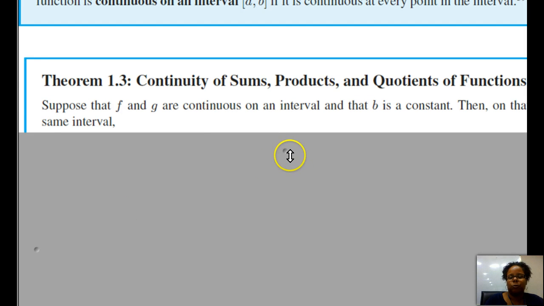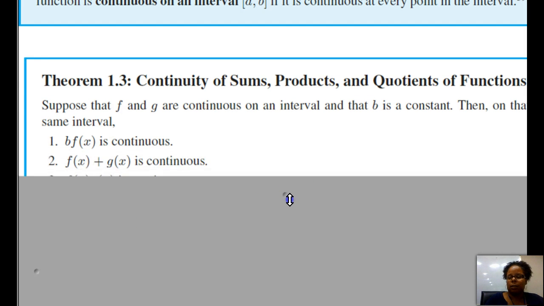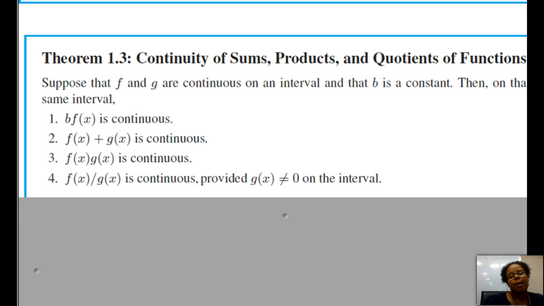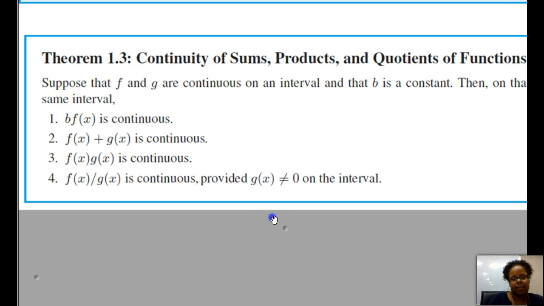Suppose you have two continuous functions on an interval, and then you have a constant number b. Then the scalar multiple of b and f of x is also continuous. The sum of f of x and g of x on that interval is continuous. The product of f of x and g of x is continuous, as well as the quotient, in other words dividing f of x by g of x, provided that g of x is not equal to 0 at all on that interval.